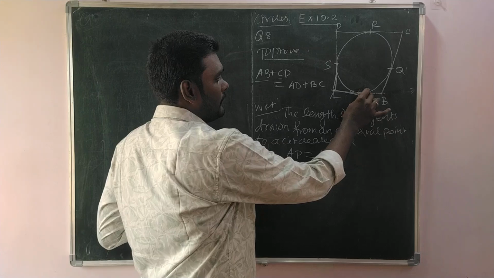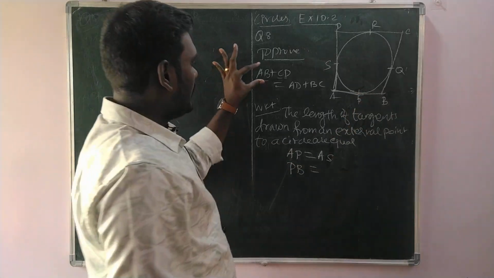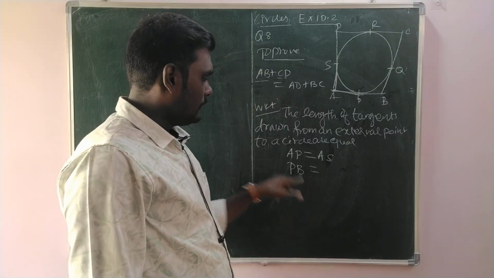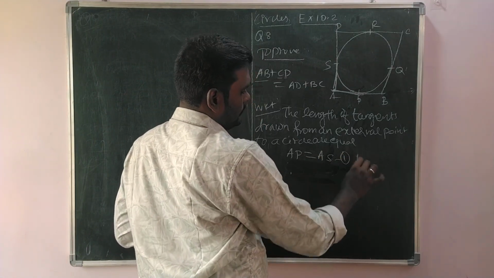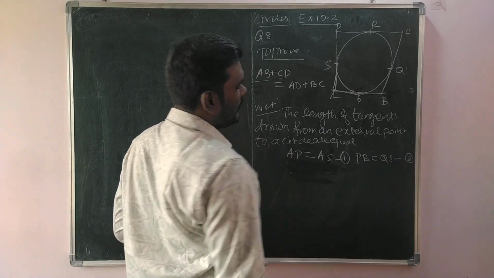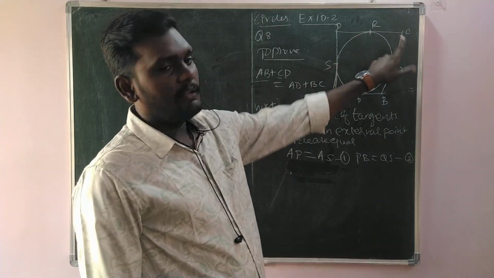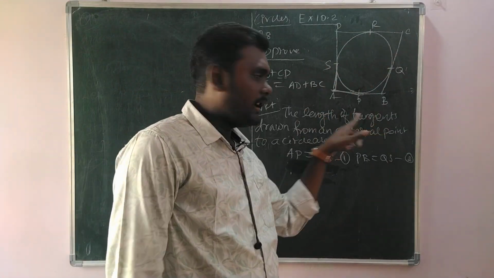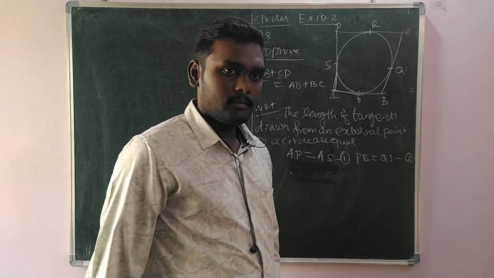Next I will go with PB. So pieces of AB I have written, right? So PB is equal to QS. Next, guess what? Pieces of CD we should write. It is not that you just write all over the diagram without knowing what to compare.